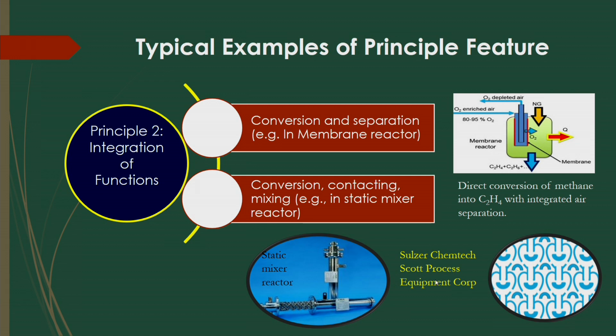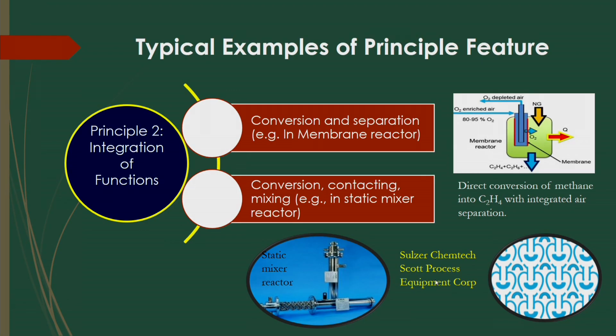A static mixer is one of the important units to mix the fluid intensively. That is why a static mixer, or a static mixer reactor, is called an intensified unit for simultaneous operation of reaction as well as mixing of the phases.